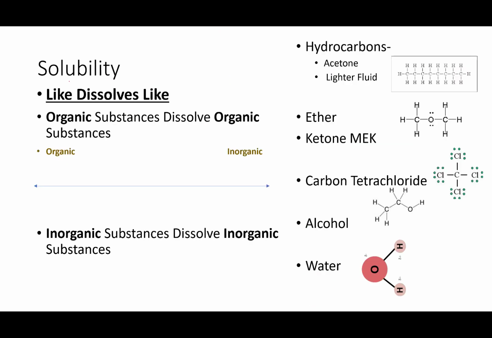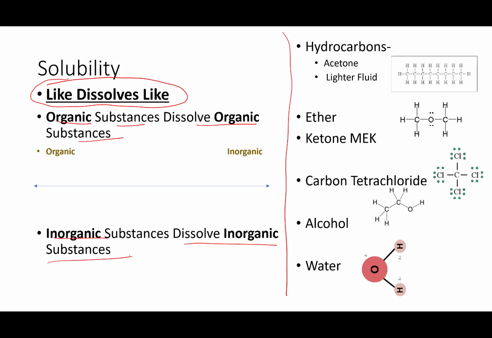So if we talk about like dissolves like and solubility, there is a range of this. There are multiple different kinds of solvents, and organic substances tend to dissolve organic substances, and inorganic substances tend to dissolve inorganic substances. This is a big deal. Put a star by it. That's something I really want you to understand.